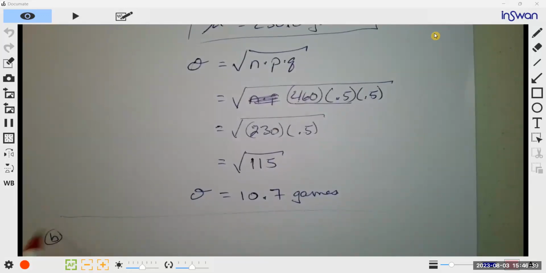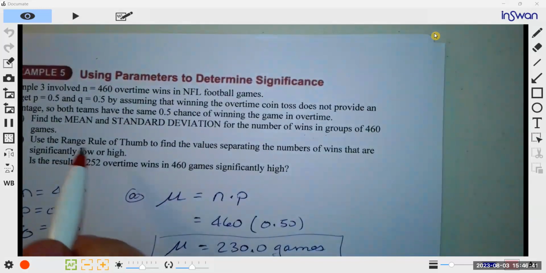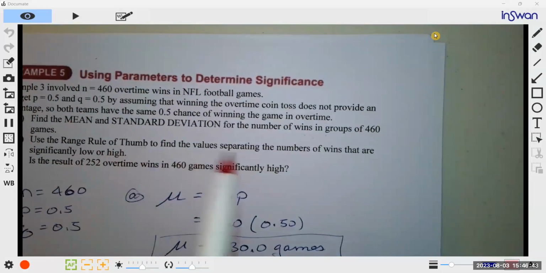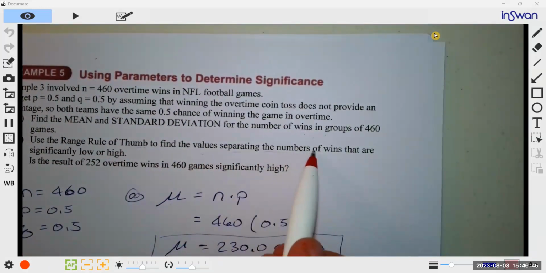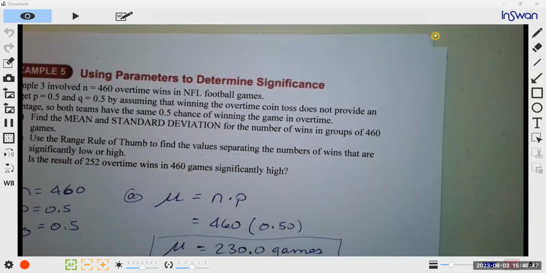Now B. It says, use the range rule of thumb to find the values separating the numbers of wins that are significantly high or low.